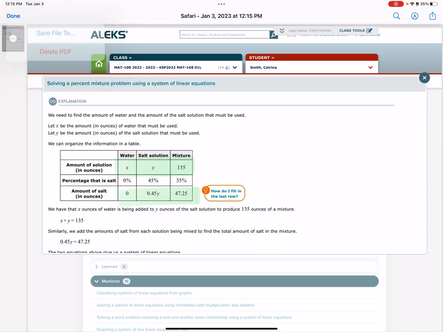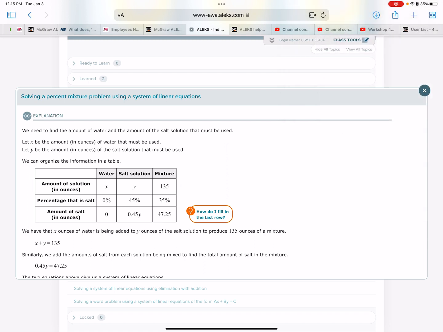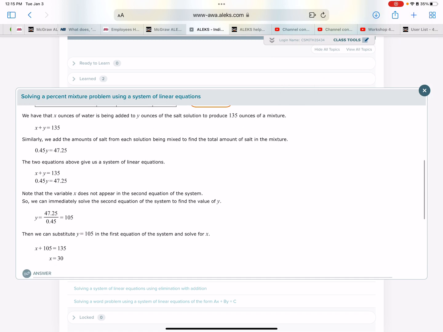Once you have your two equations, you are able to solve the same way we just did. The way they did this one is a little different, but same idea. They're going to use 0.45y equals 47.25.